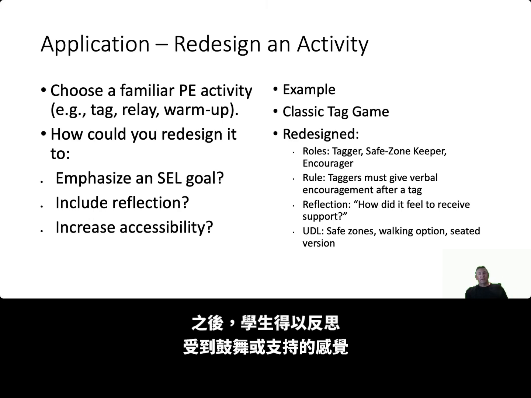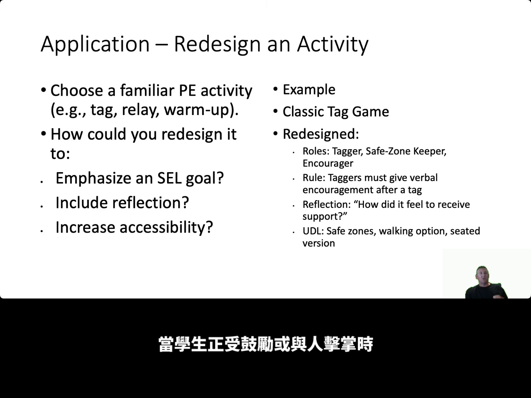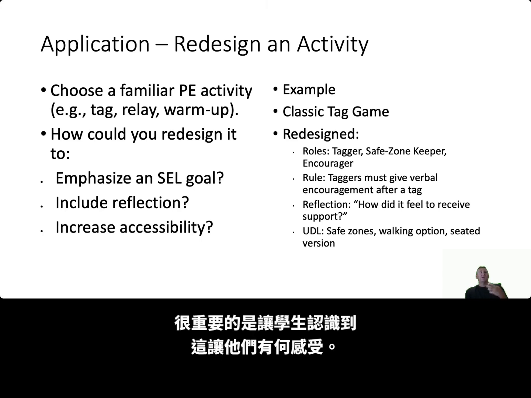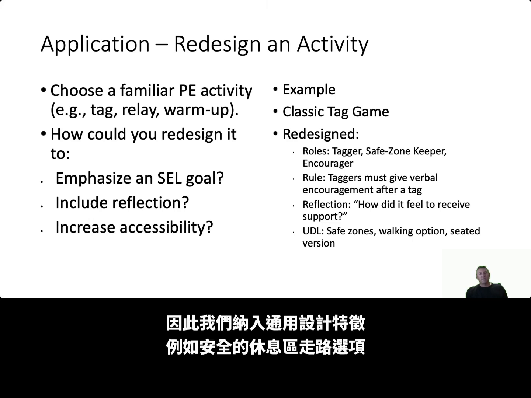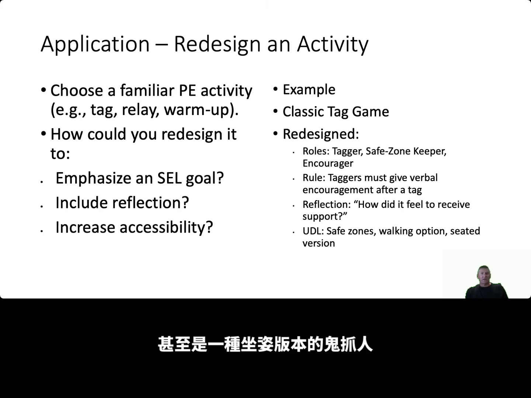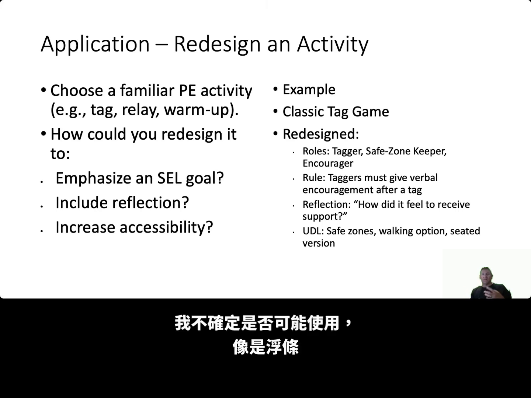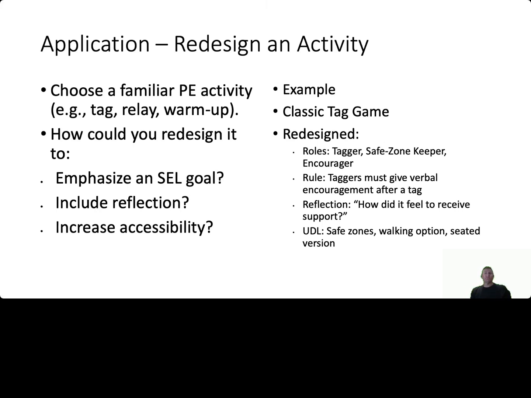Afterwards, students reflect on how it felt to be cheered or supported. When individuals are offering encouragement or giving high fives, it's important that students recognize how this makes them feel. So we include universal design features, things like safe zones for rest, a walking option, and even a seated tag version with, I'm not sure if they exist, pool noodles.